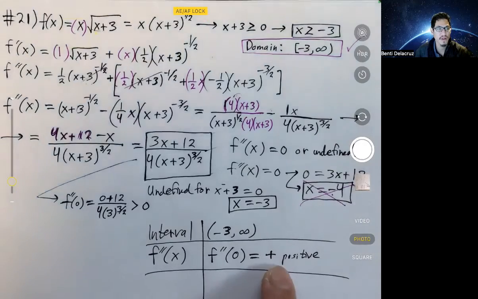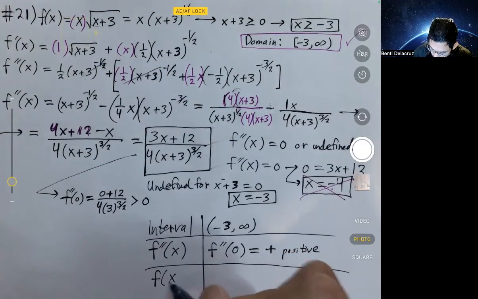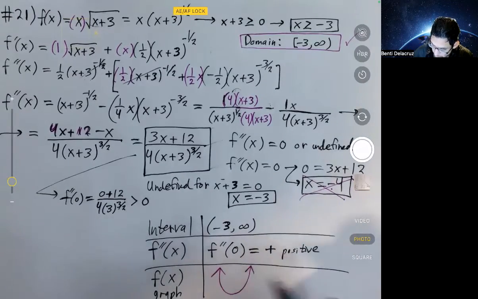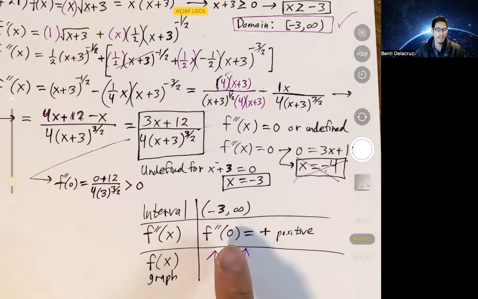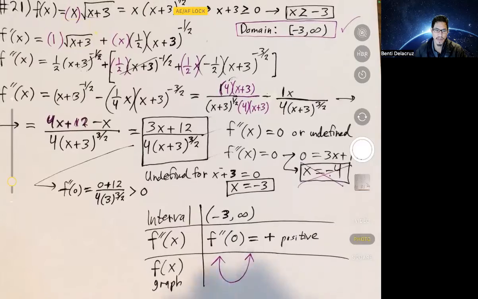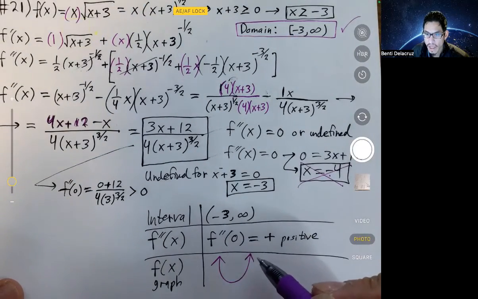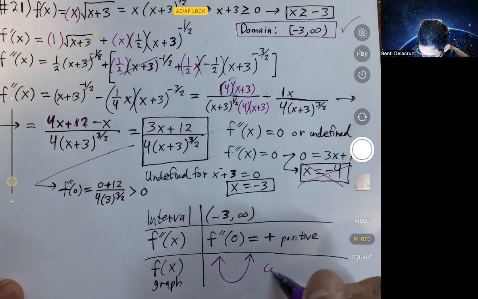If you know the second derivative is positive, that means the original function, the f of x graph, is going to be concave up. So it's concave up in this interval, and since you don't have any points where you have to divide it, you just say that the function is concave up on its entire domain, and there are no points of inflection.